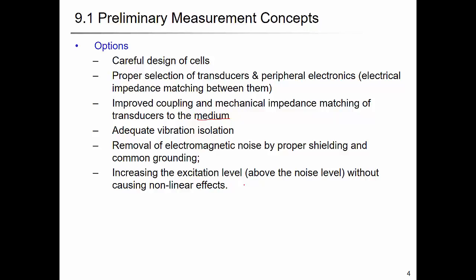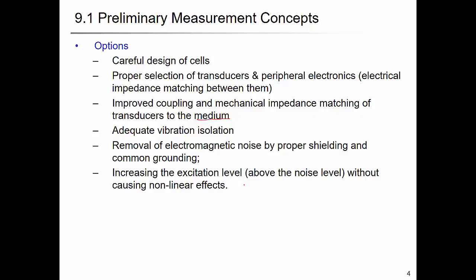So having higher or strong excitation at the source will give you a better measurement, as long as it's inside the small strain regime. Right? If you excite too much, then it could be in the non-linear regime.